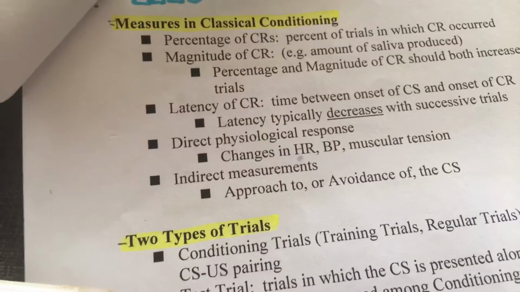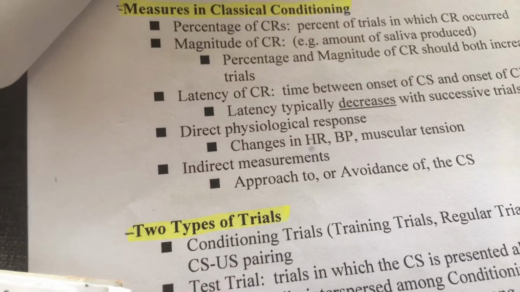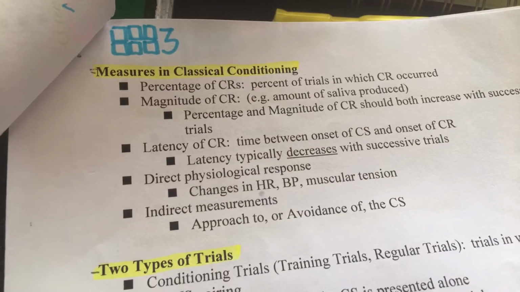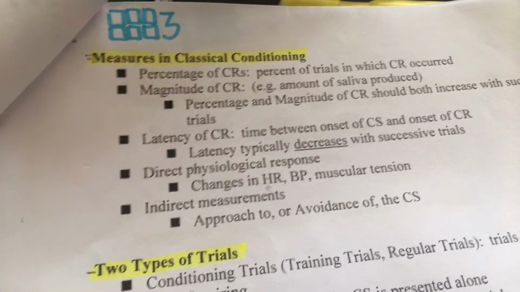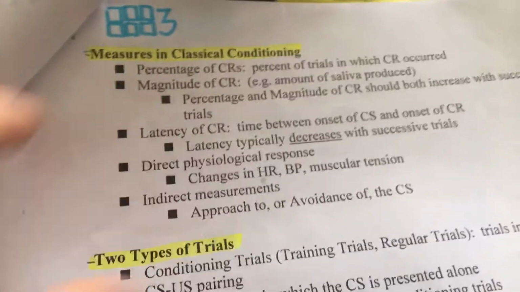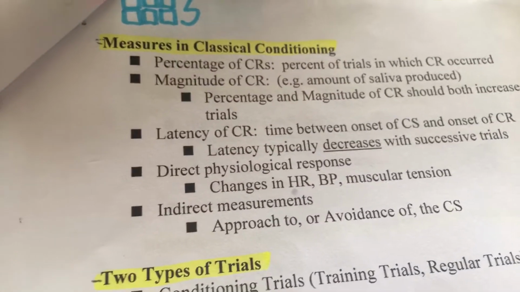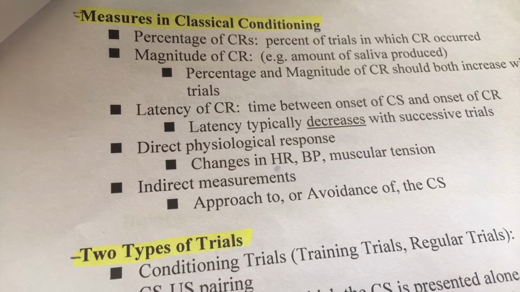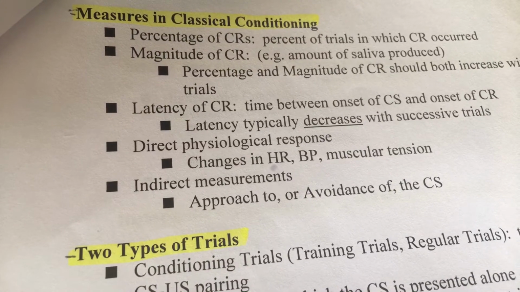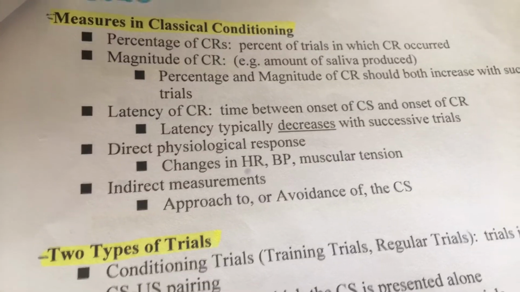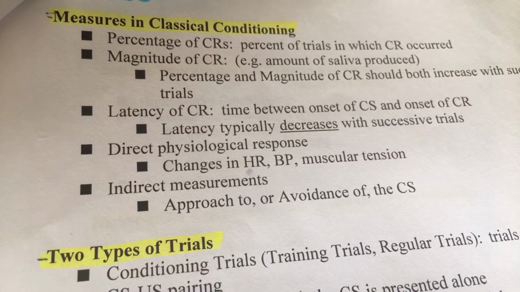So to see how, basically you have to apply measures so an experiment's legitimate. So you have the percentage of the CRs, so percentage of conditioned response, which is, you measure for, 68 out of 100 times drooling. How many times are you seeing the drooling?